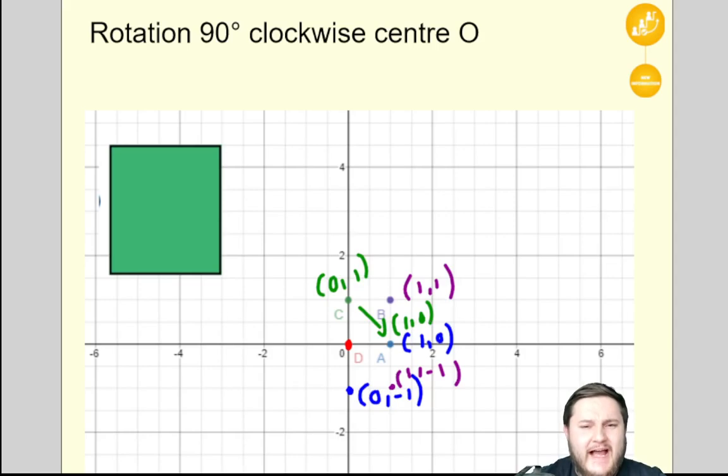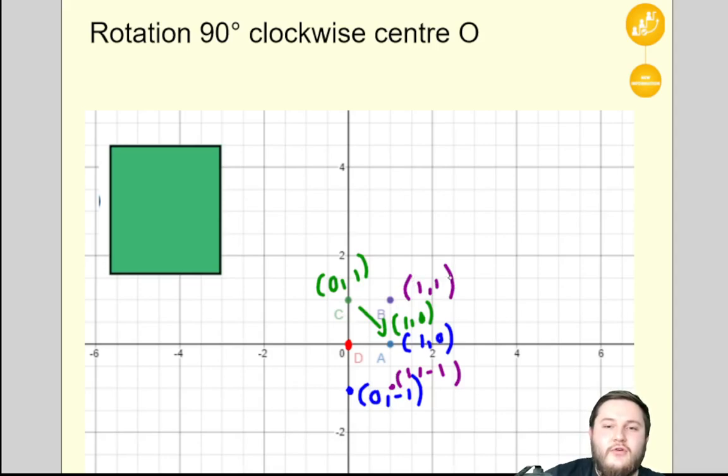Okay, so what's actually happened to the coordinates then? Let's have a little analysis on all of these. Well, this one has gone from being 1, 0 to being 0, minus 1. So it's like you've flipped them over, but then you've turned x negative, which is a bit weird, right? Or you've turned what now is the y coordinate, but what was the x coordinate, negative. So you change the x coordinate to be negative, and then you swap them. Let's see if that idea works for the rest of them.